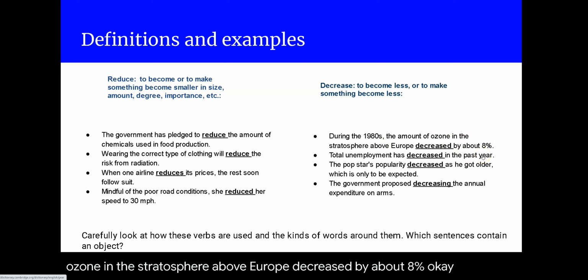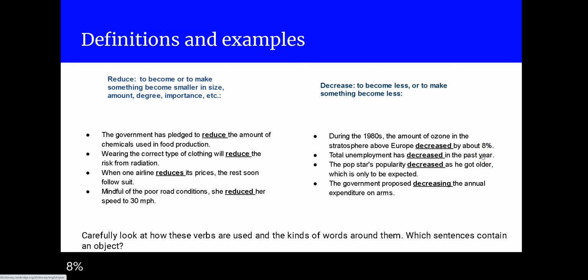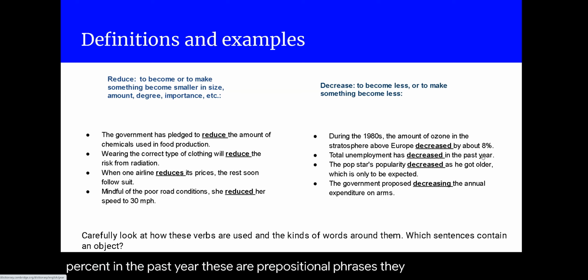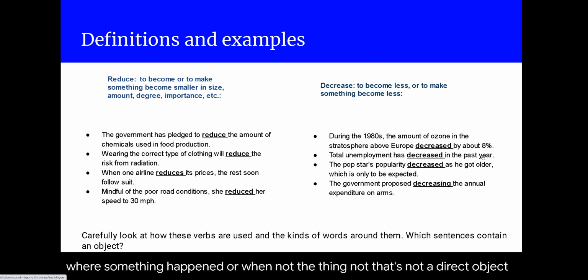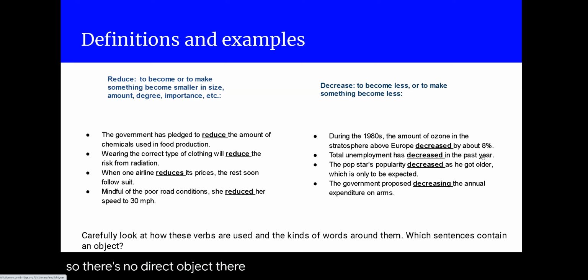Now, by 8% and in the past year, these are prepositional phrases. They tell you where something happened or when, not the thing. It's not a direct object, so there's no direct object there. So what do we notice? Those sentences with reduce all have a direct object.